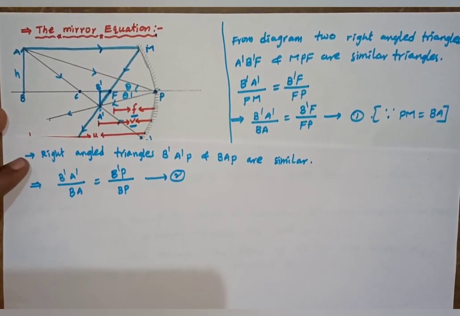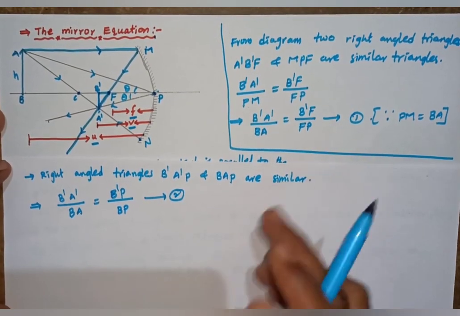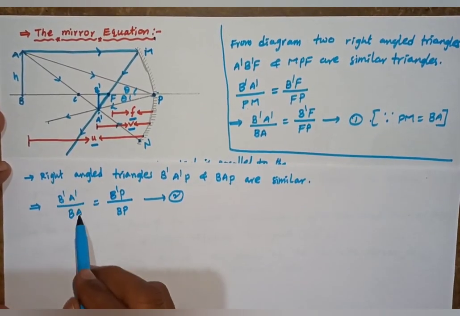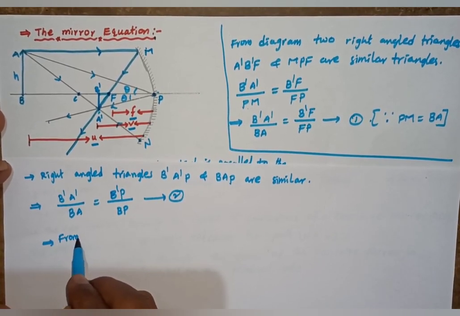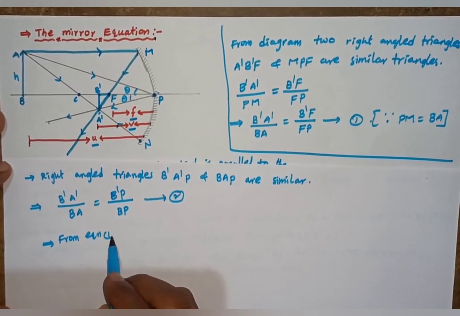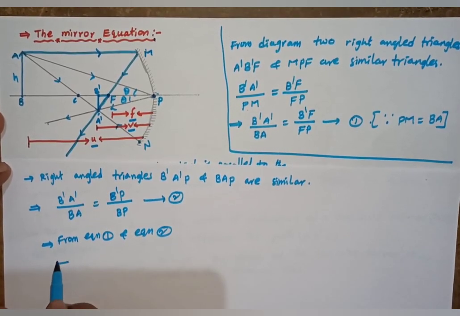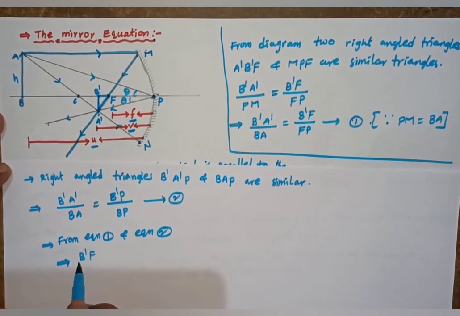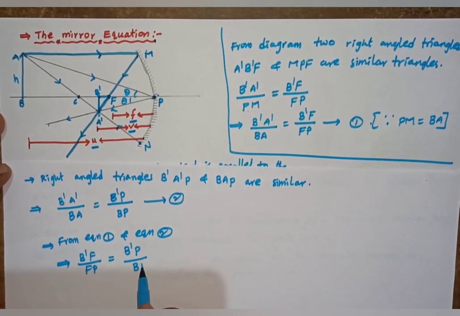So from equation number 1 and equation number 2, where equation number 1 is B dash A dash by BA, we get B dash F divided by FP equals B dash P divided by BP.